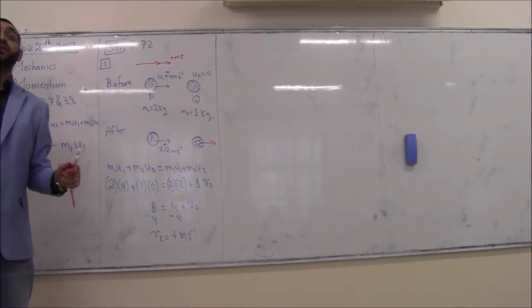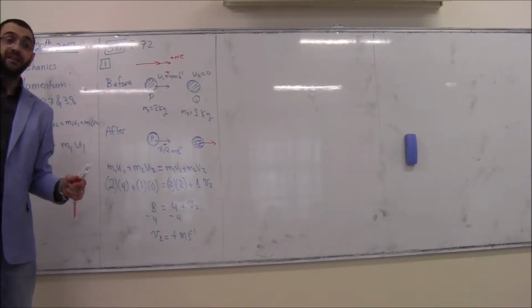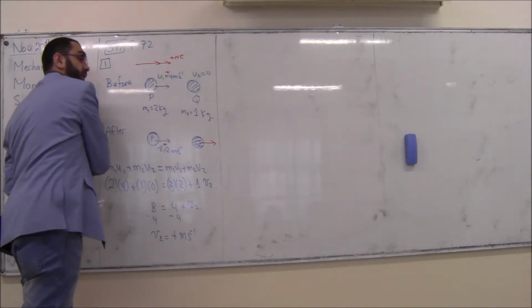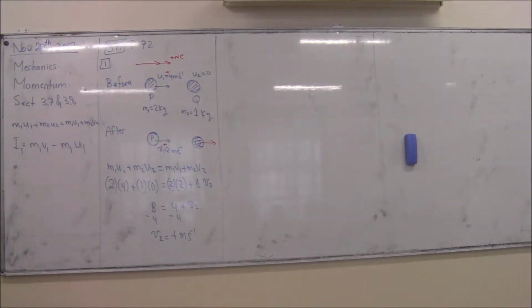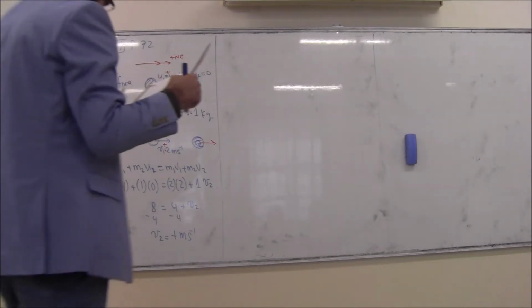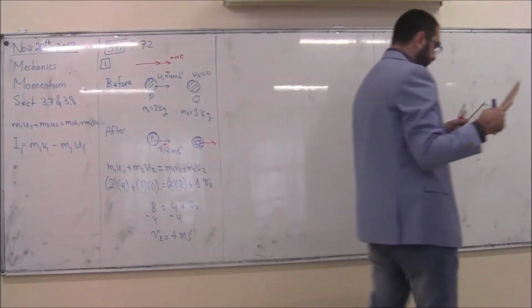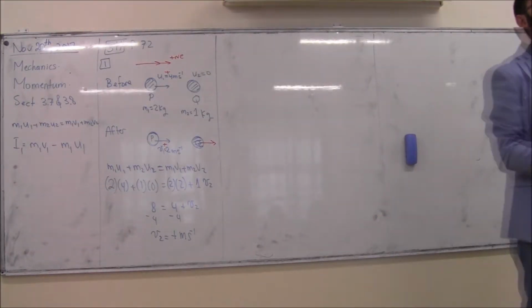If I got negative, Q would be moving in the opposite direction. Clear? Any questions? So it has the direction? Yes, determine the direction.